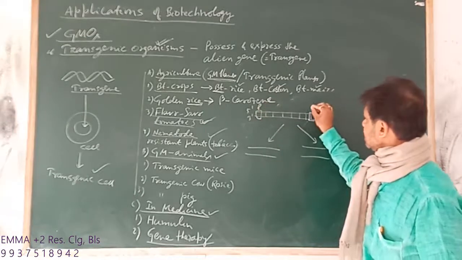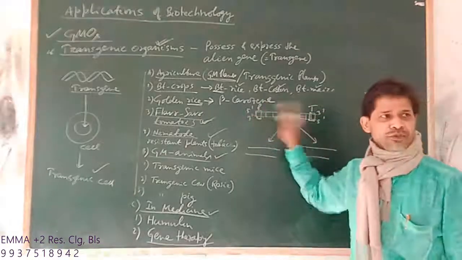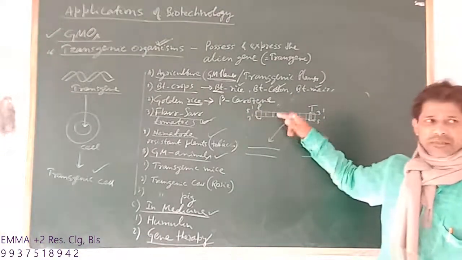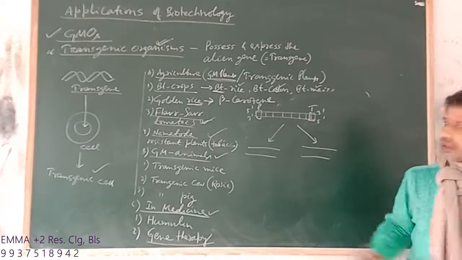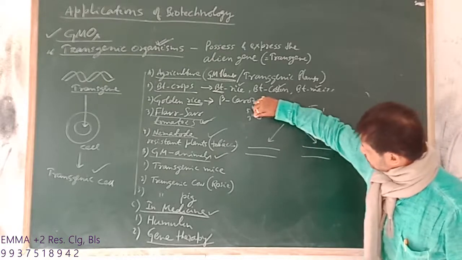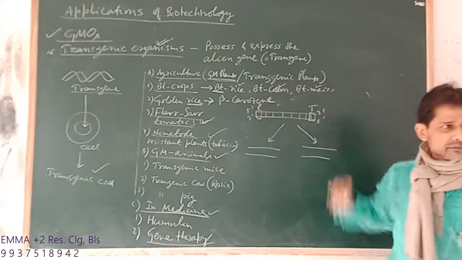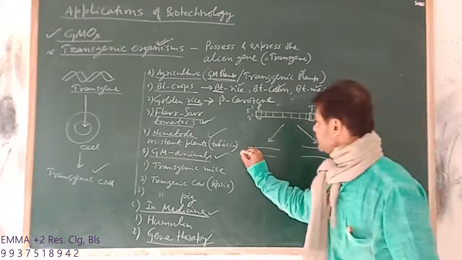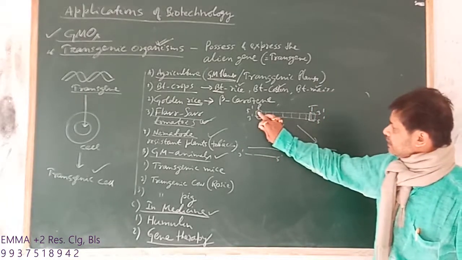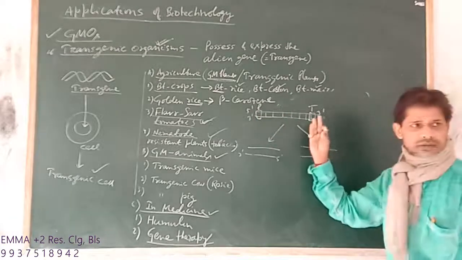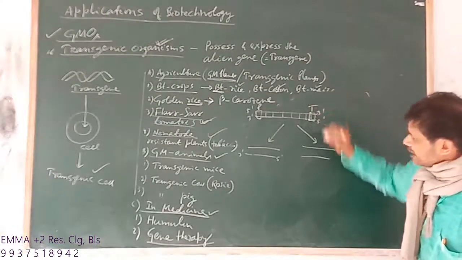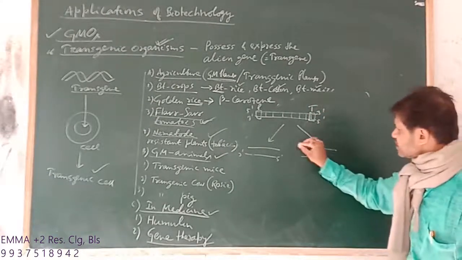If we change the position of promoter and terminator, the template strand definition will change. In this diagram, when the promoter is here, that means this strand is a template, 3' to 5' is the template. If the position is changed, now think this is the promoter. That means this strand will express.